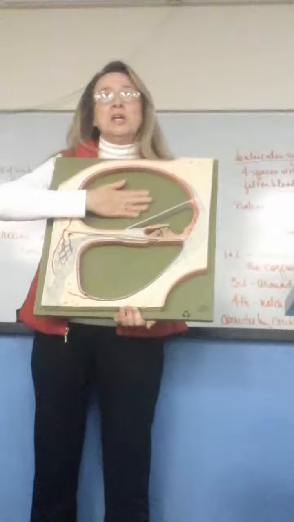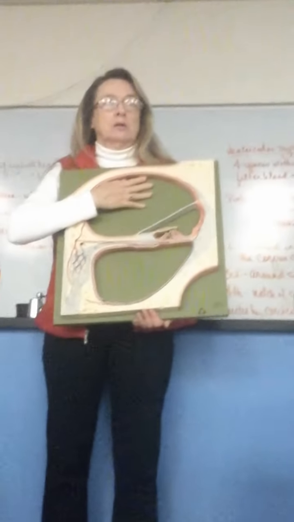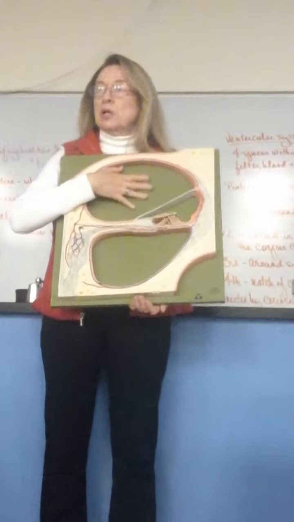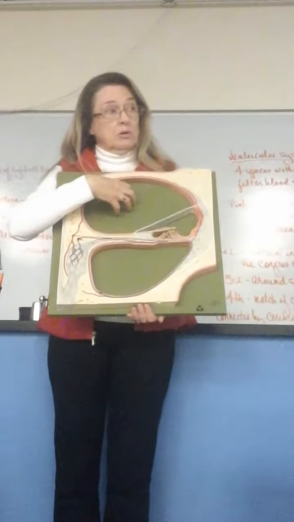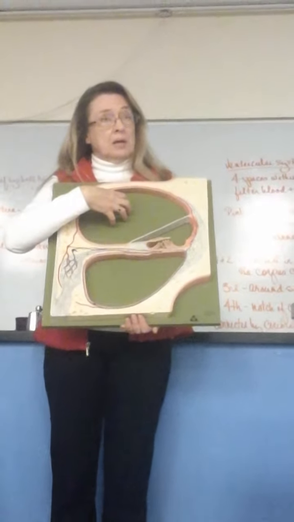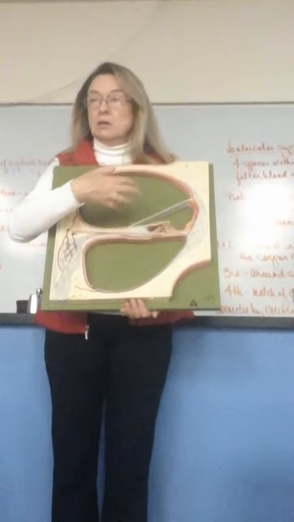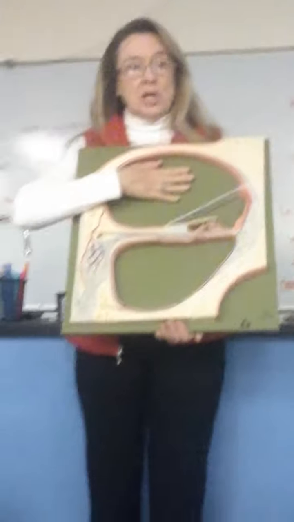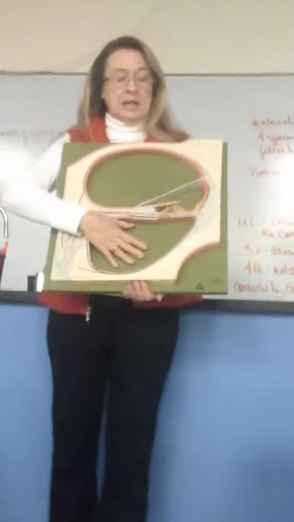This biggest compartment is called scala vestibuli, the top one here. Just remember, both of these start with scala. This one is vestibuli. This one is scala tympani. So the big one is the vestibuli, and the smaller one is the tympani.